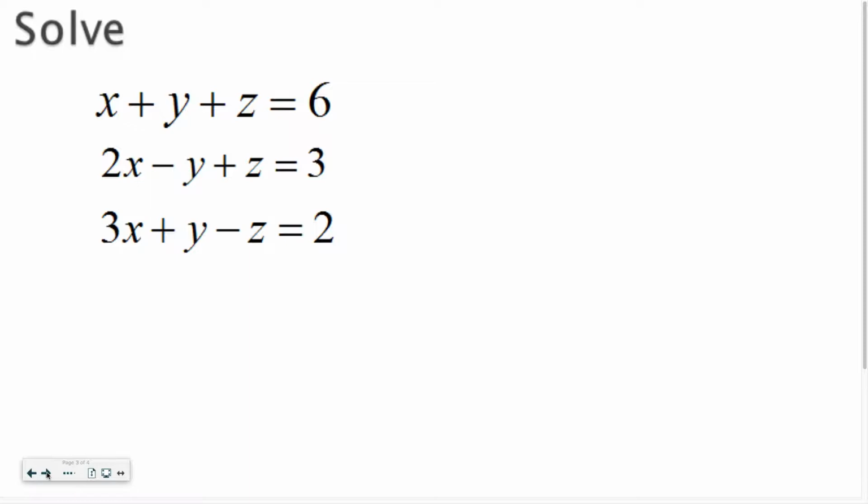Wait, this one I thought it was positive 3 because I was multiplying by -2. But when you add these together, negative 2y plus negative y would be negative 3y. Oh, over here.